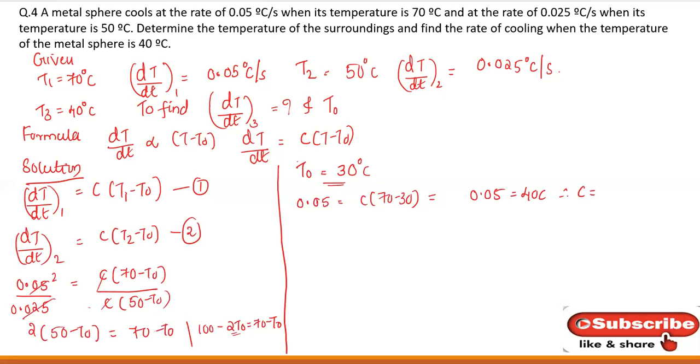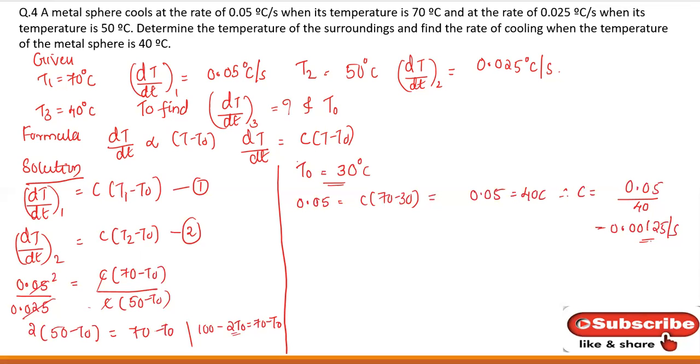Therefore, C is equal to 0.05 divided by 40, which is 0.00125 per second.